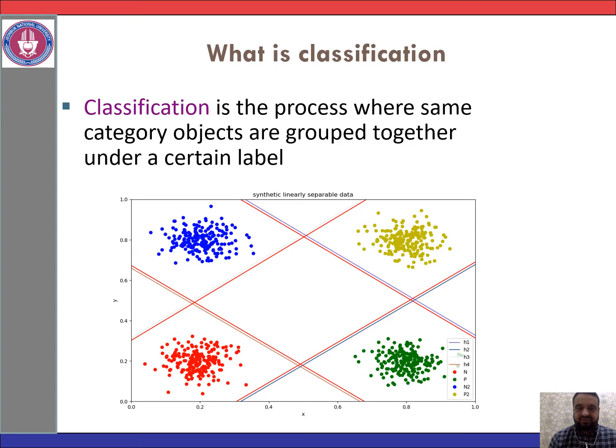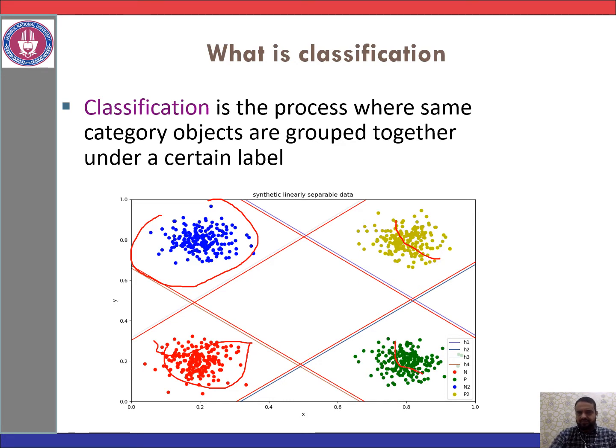There are four different categories or classes of data sets. So one is this one, second one is this one, and third one is this one, and fourth one is this one.